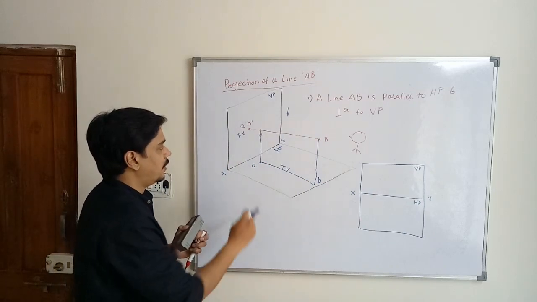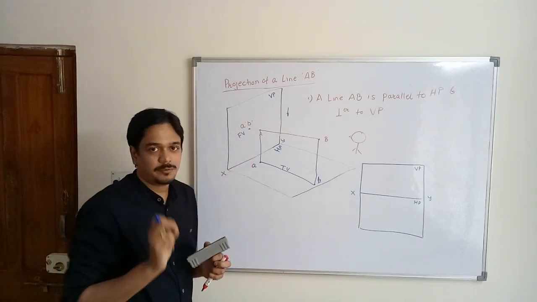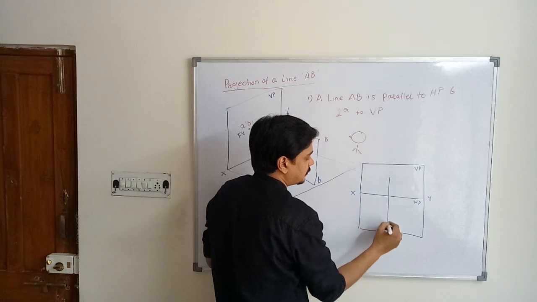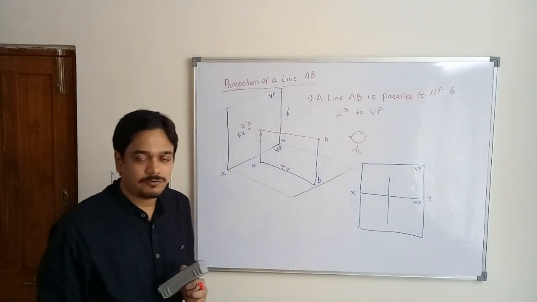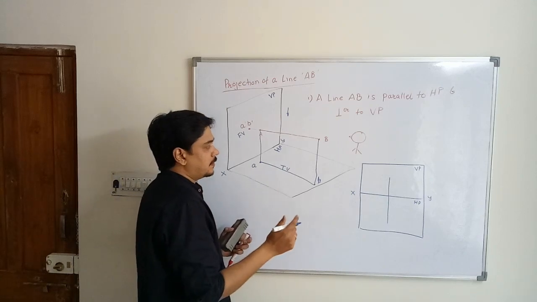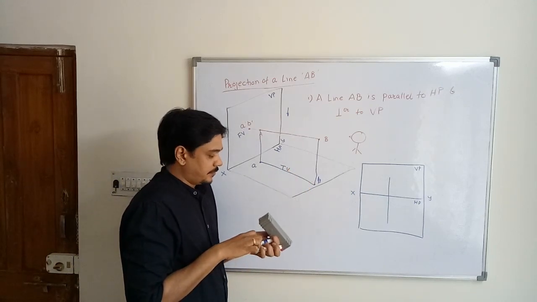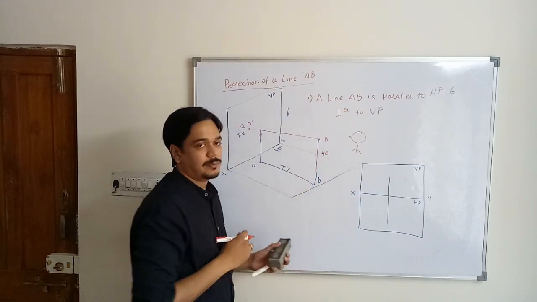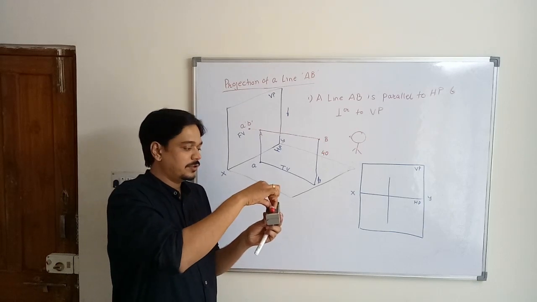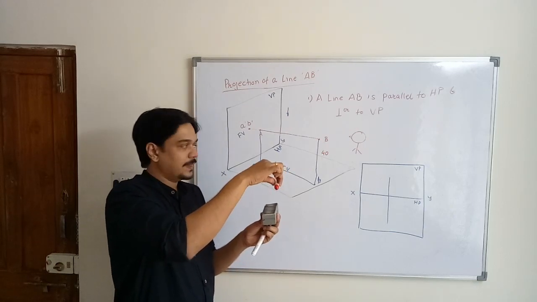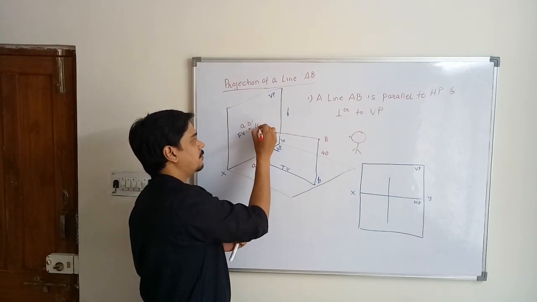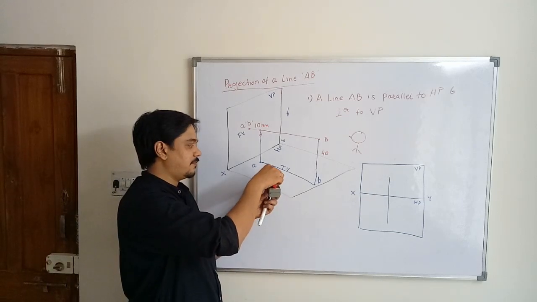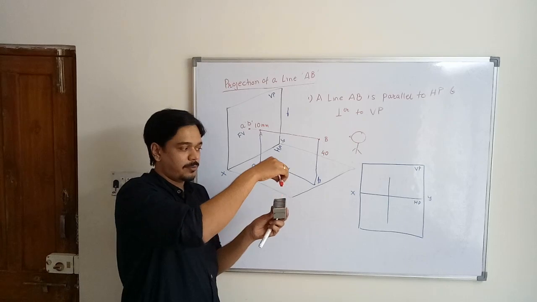Okay. Now you have drawn A dash B dash as a single point. So first we will draw a vertical line representing the projector of A. Let us assume that this line AB is 40 mm above the horizontal plane, and this point A is 10 mm in front of the vertical plane.